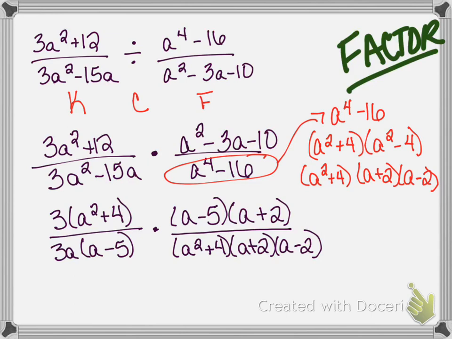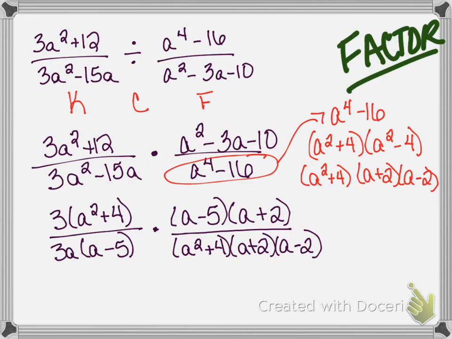So the first one factors to 3 times a squared plus 4. Underneath that, I can take a 3a out. And I'm left with 3a times a minus 5. A squared minus 3a minus 10 is your pretty straightforward trinomial. Your product is negative 10. Your sum is negative 3. So that factors to a minus 5 and a plus 2.